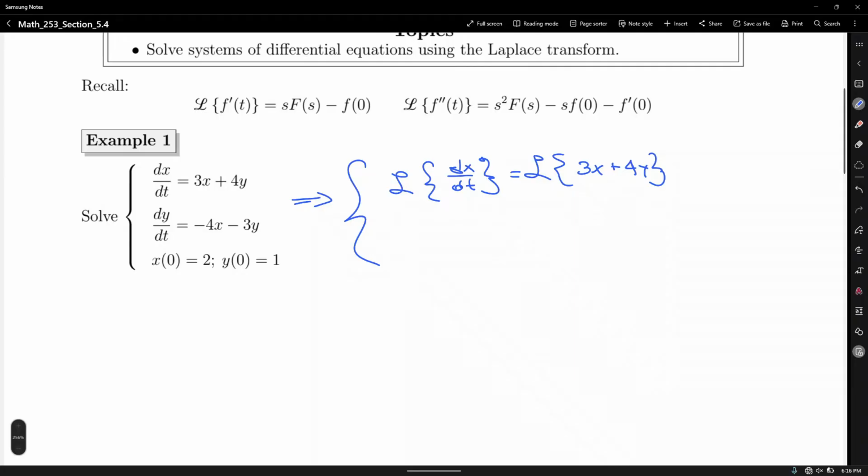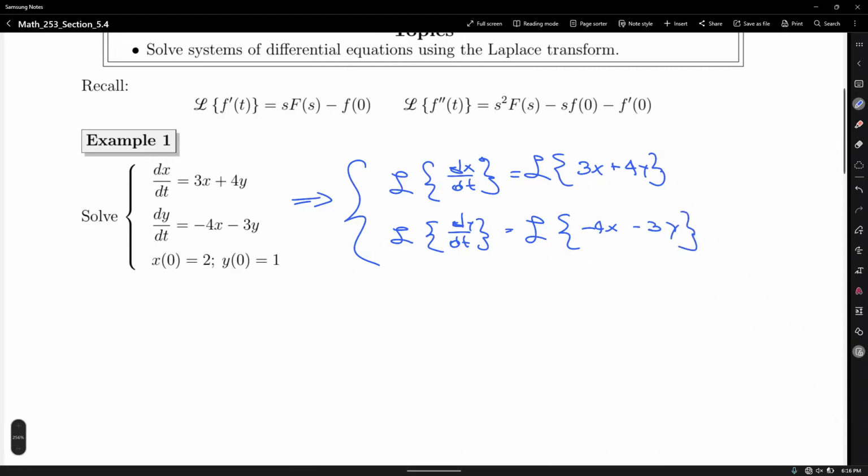And notice how this system looks exactly like the ones we did with eigenvalues and eigenvectors. And then take the Laplace of dy/dt equals the Laplace of negative 4x minus 3y.